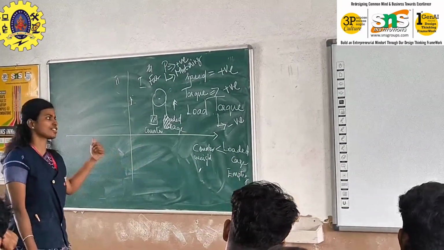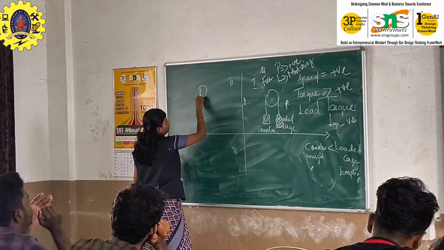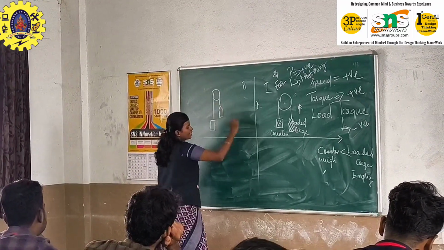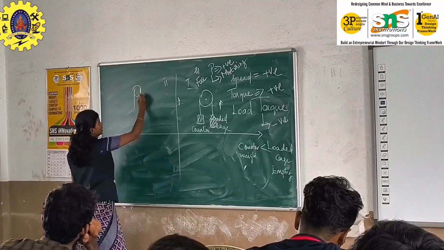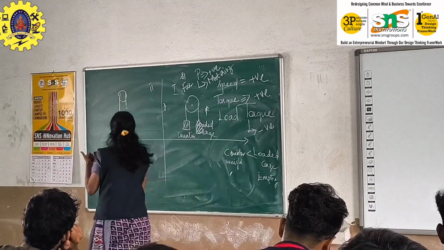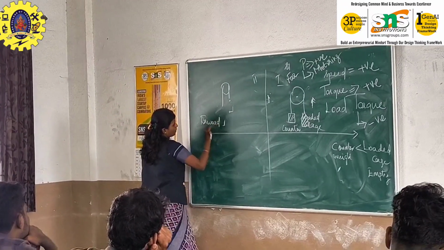So likewise, you can have an explanation for the second quadrant. In the second quadrant, we will be taking an empty cage, and it will work in forward braking.